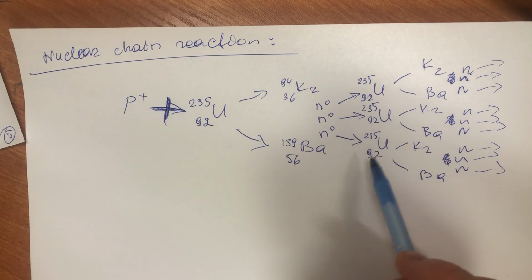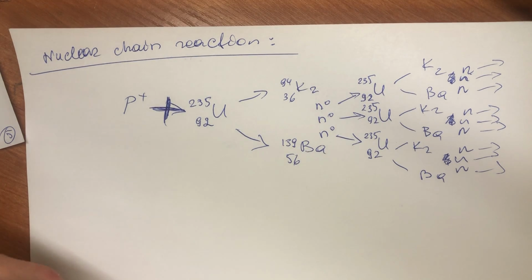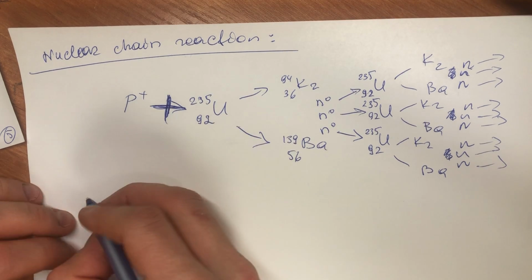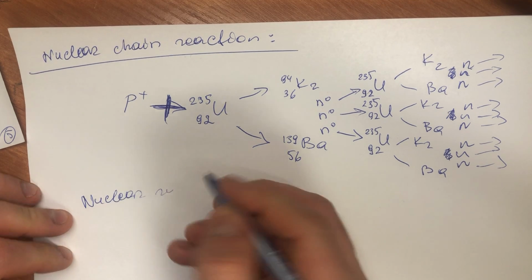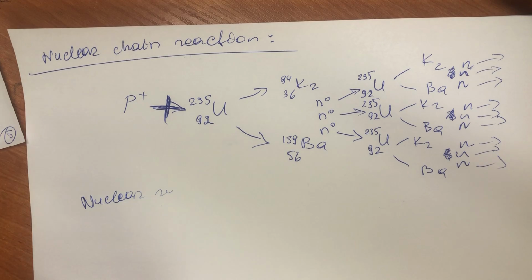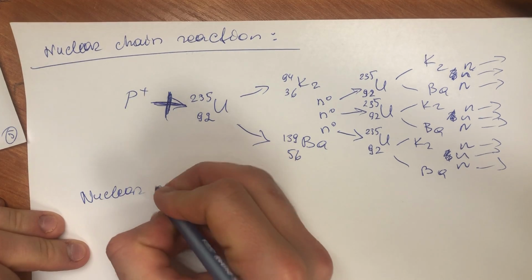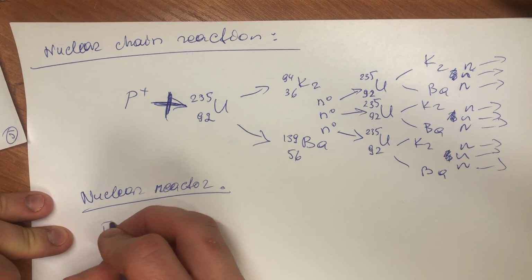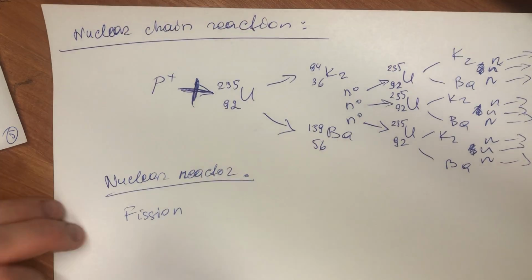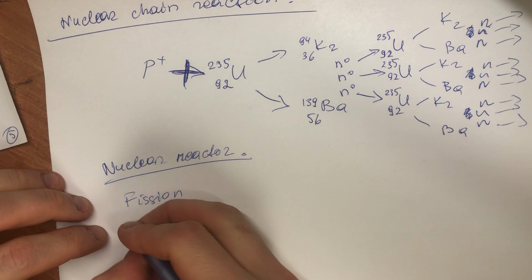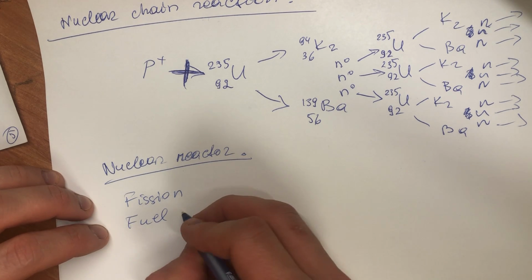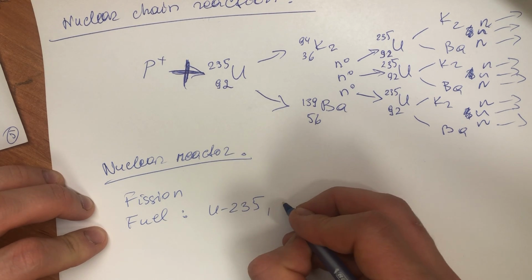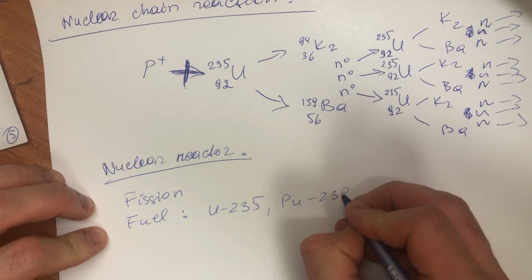In a nuclear reactor, fission is used. In a nuclear power plant, nuclear fission occurs. Fuel is uranium-235 or plutonium-239.